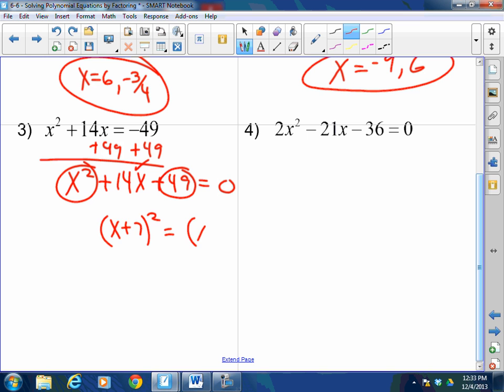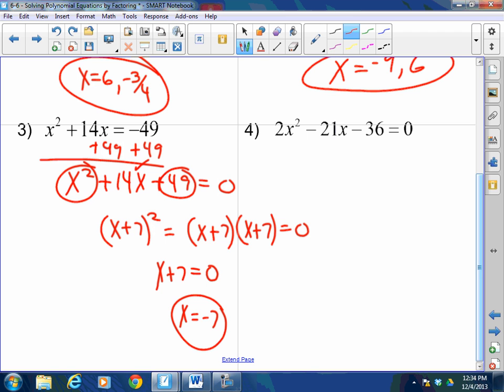Doesn't that equal x plus 7 times x plus 7? So it's just going to be x plus 7 equals 0. So x equals negative 7. So that means that for this one, the parabola only hits the x-axis at one point, right there. Does that make sense?